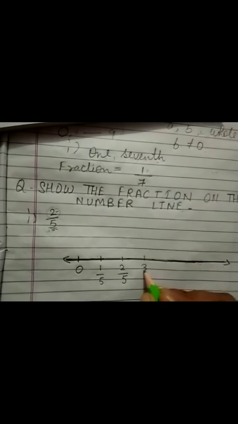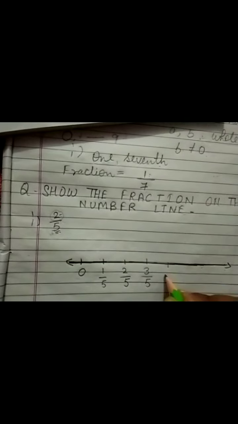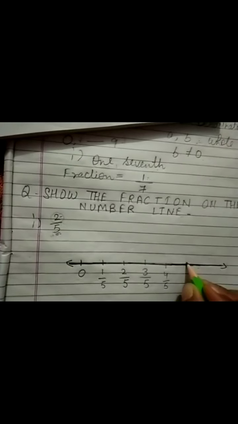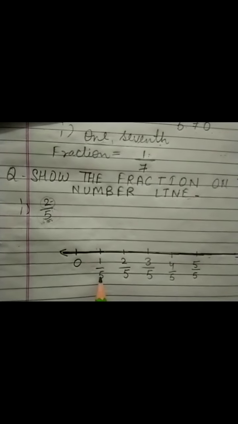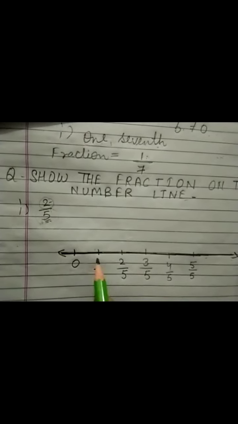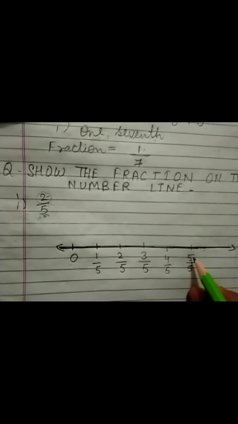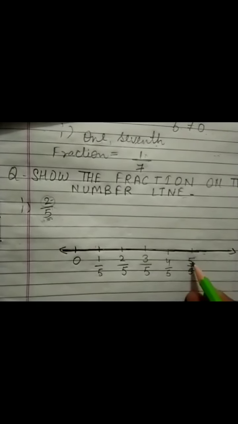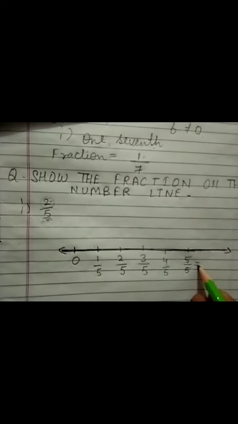Next 3/5, 4/5 and 5/5. In all these numbers the total is 5, so the denominator is 5. You can write 5/5, and 5 ones are 5, which means it is equal to 1.